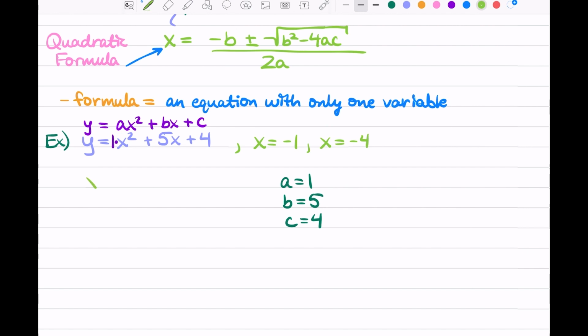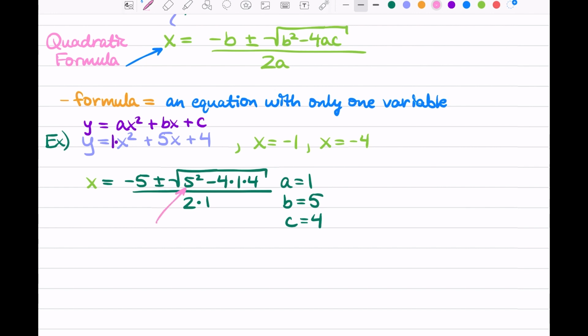So our x equals -5 plus or minus the square root of 5 squared minus 4 times 1 times 4. And all of this is divided by 2 times 1. Now we just need to simplify this. And first we're going to focus on the items under the square root.